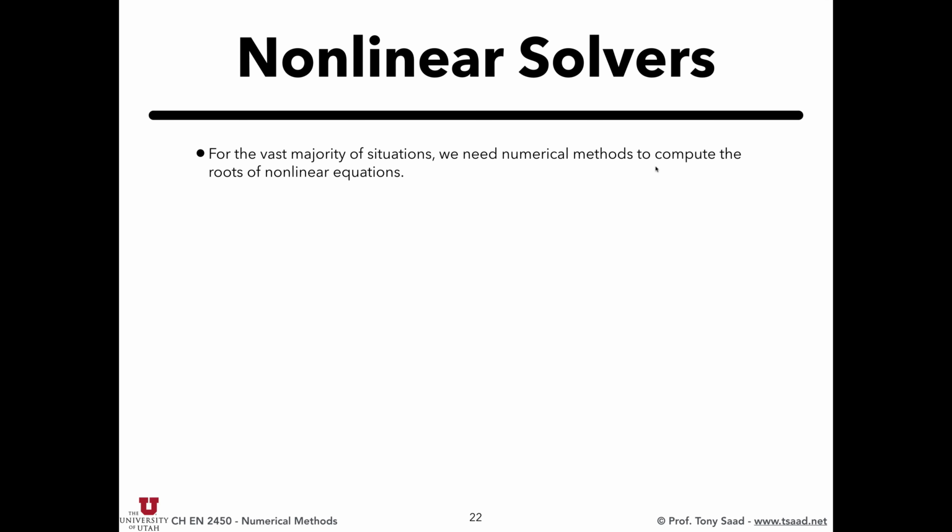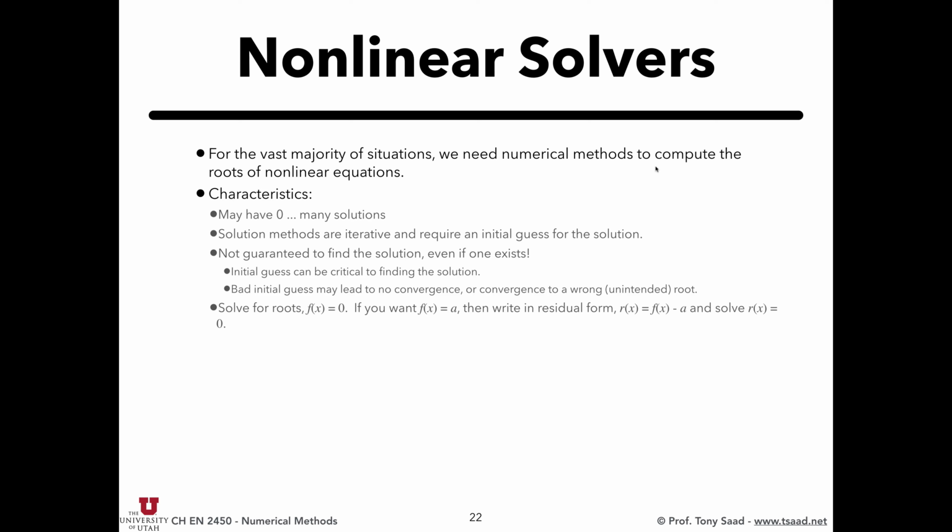All right, so as you've probably now concluded, for the vast majority of situations, we're going to need numerical methods to compute the roots of nonlinear equations. Some characteristics of these nonlinear solvers, or nonlinear equations for that matter, is that they may have 0 to many solutions like we saw in the previous example. You may have one or more roots or no roots at all. Solution methods are generally iterative and require an initial guess, and we're not guaranteed to find a solution.